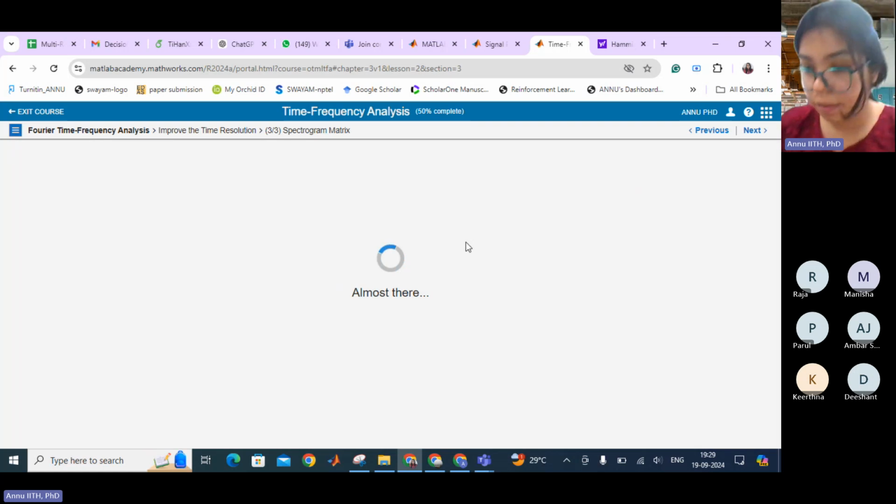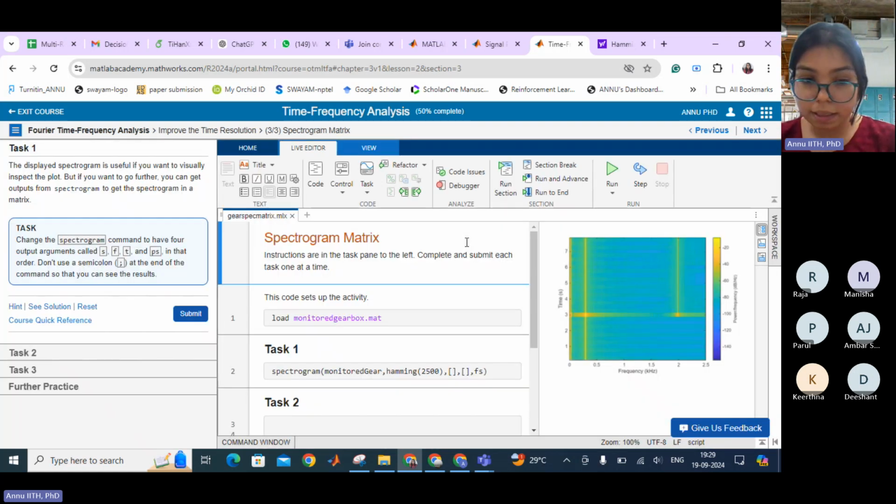We'll just move to the week 8 questions, or else we will just finish this task, then we'll go to week 8 questions. Okay. The display spectrogram is useful if you want to visually inspect the plot. But if you want to go further, you can get the output of the spectrogram in a matrix.